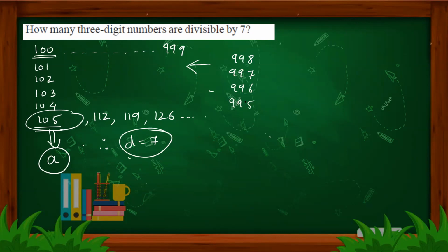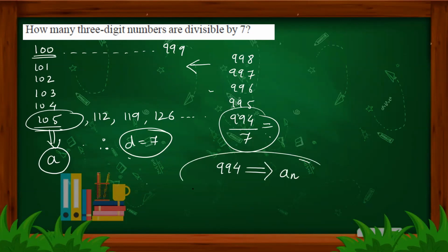No. 994. So 994 is divisible by 7. 7 times 142 is 994. So yes, it is divisible by 7. Okay, so 994 becomes your AN.